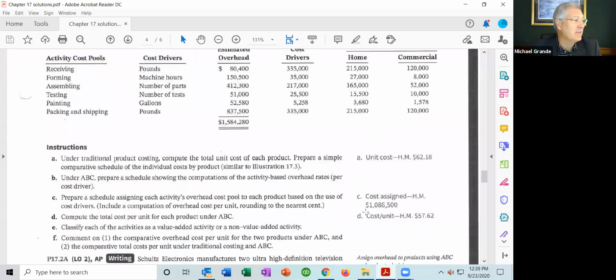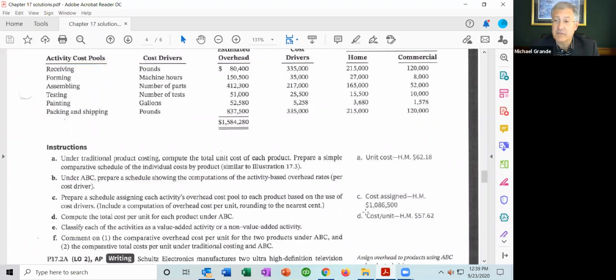So what are they asking you to do here? They're ultimately asking you to do 3 things. Calculate the cost per unit under traditional, and then calculate the cost per unit using activity-based costing, and then ultimately, what's the difference?